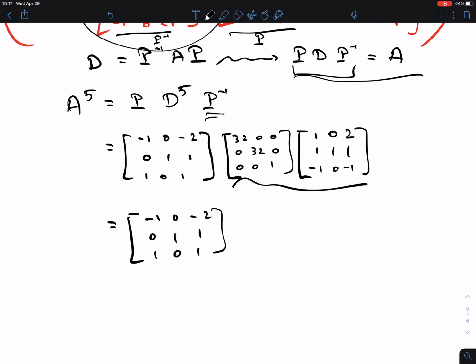Okay, so 32 plus 0, that's just 32. This element is 0 plus 0 plus 0. This element is 64 plus 0 plus 0. Sorry. Okay, then 0 times 32 plus 0, so it's 32. 0 times 32, that's 32. 0 times 32, that's 32.